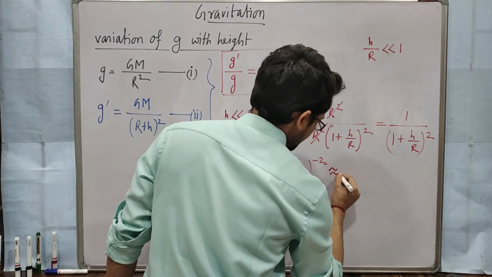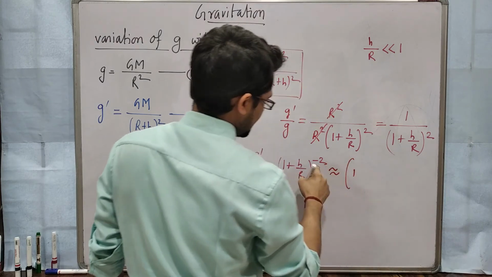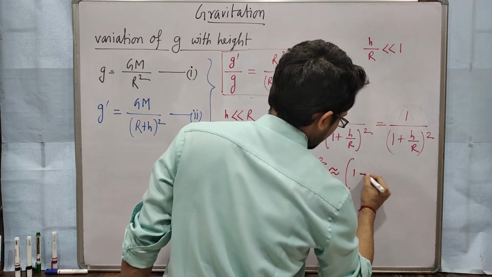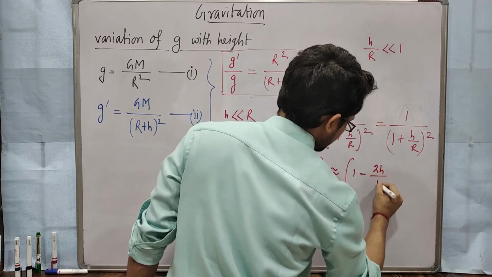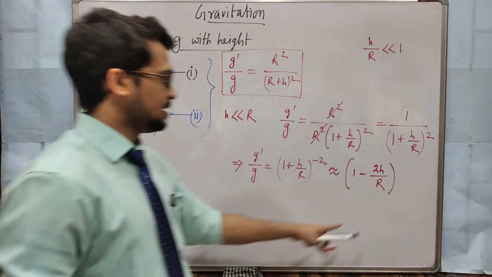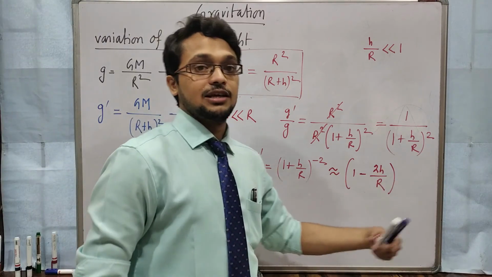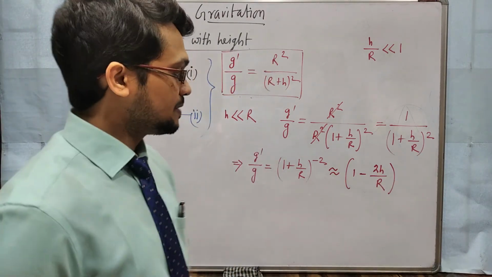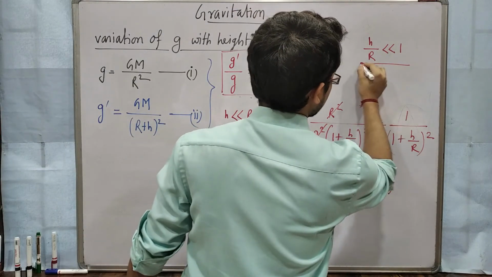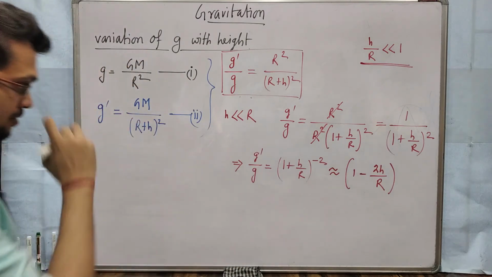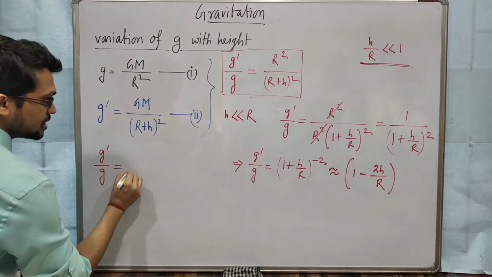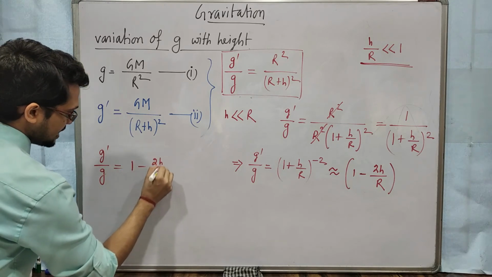So it will be 1, then multiply this power with plus h by R, you will get minus 2h by R. Higher terms are neglected: square of h by R, then cube of h by R, then to the power 4 of h by R. Those are neglected because this value is very much less than 1. So we are getting g prime by g equal to 1 minus 2h by R.